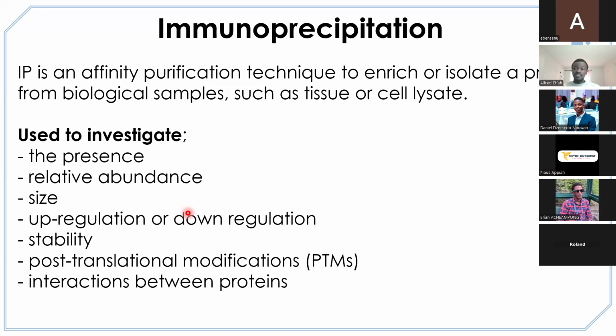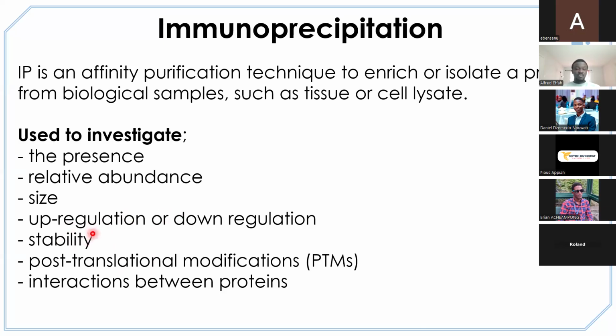Then after giving the drug, you also measure. So it's kind of before and after. Now we'll be able to tell whether there was an increase in the expression or a decrease. That's what we refer to as upregulation or downregulation.